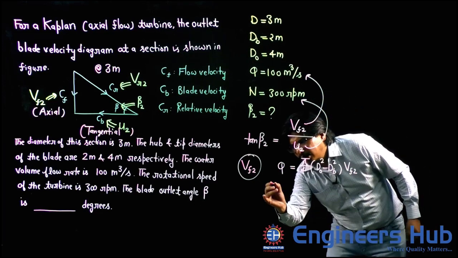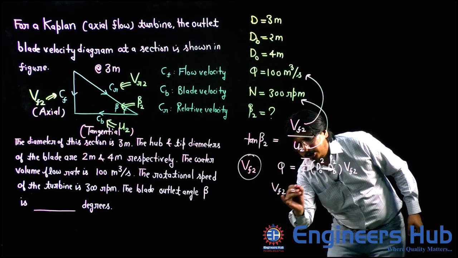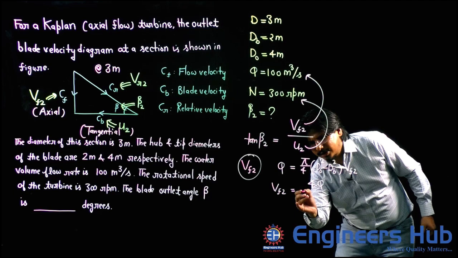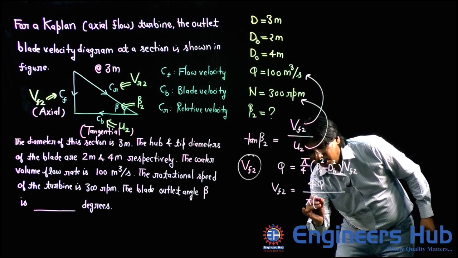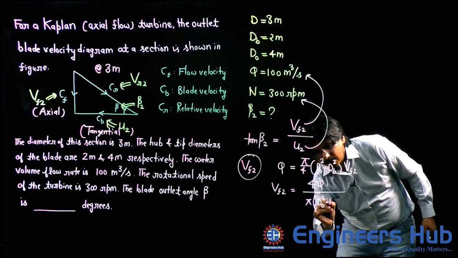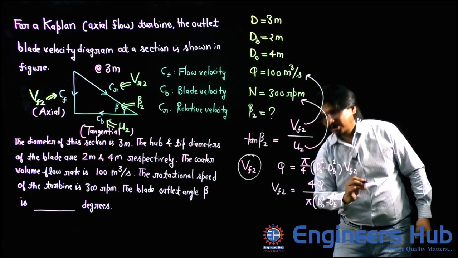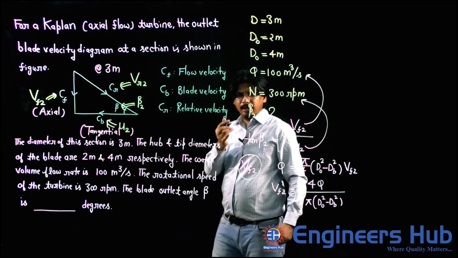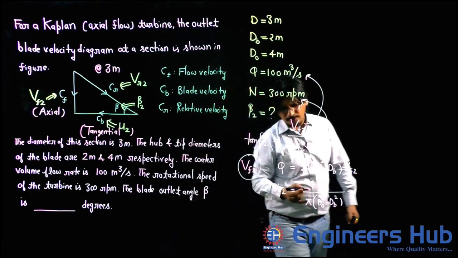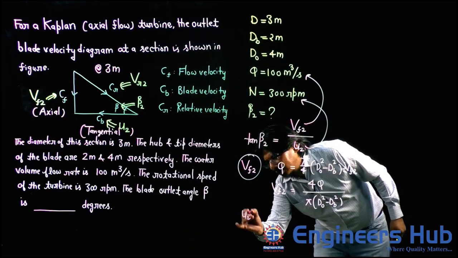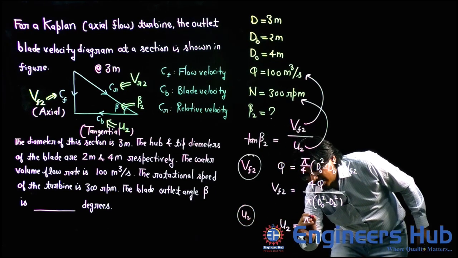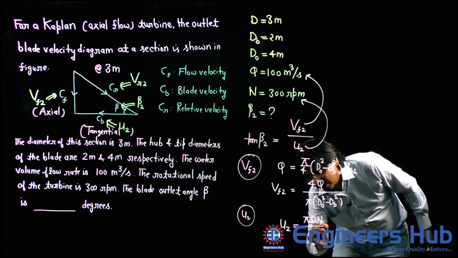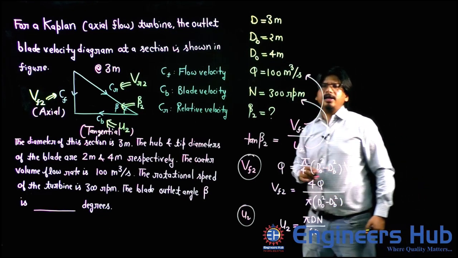So VF2 will be equal to 4 times discharge divided by pi into dO square minus dB square. VF2 is very easy to calculate. How to find U2? Very simple: U2 is equal to pi dN by 60.